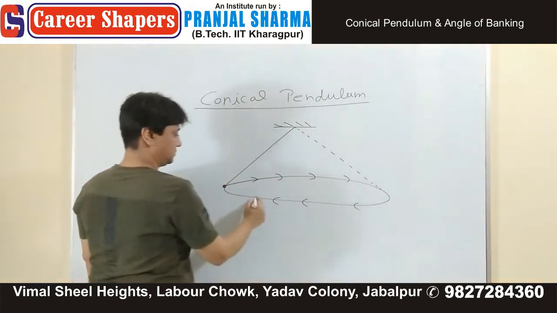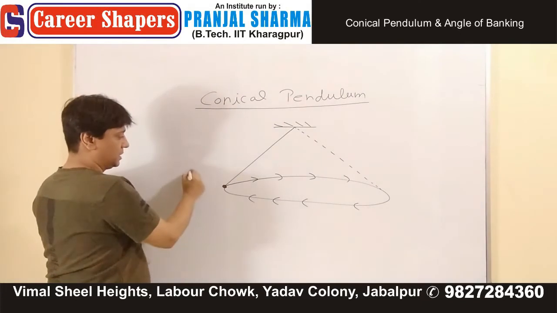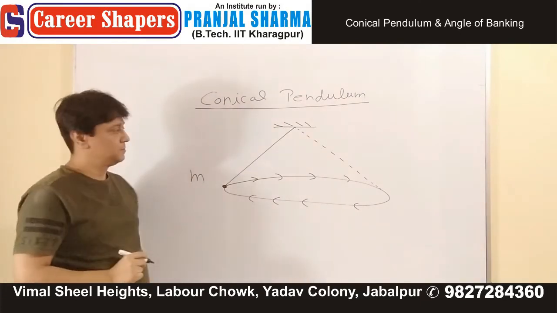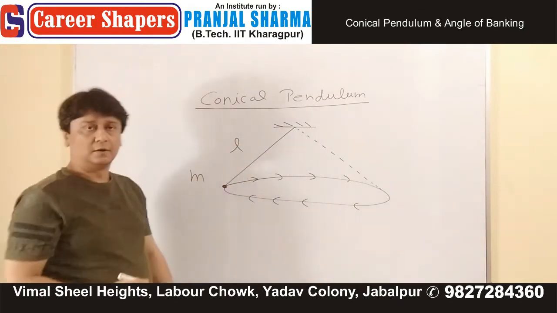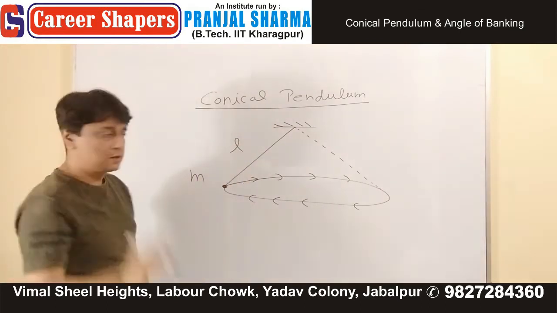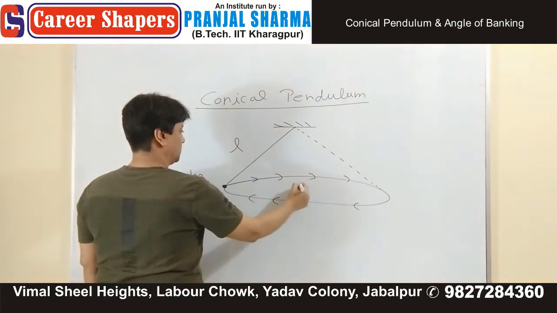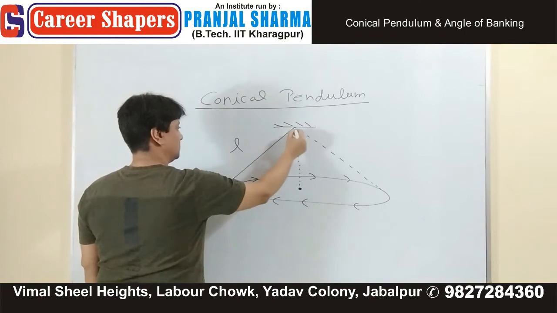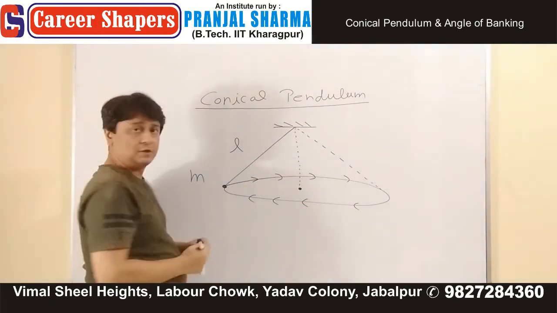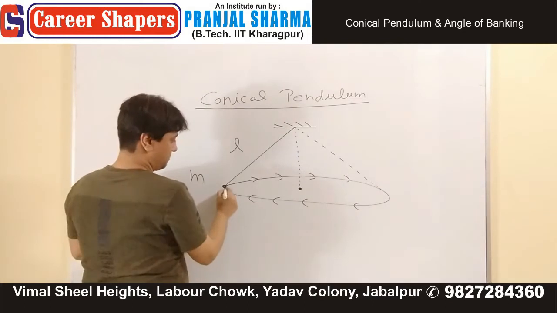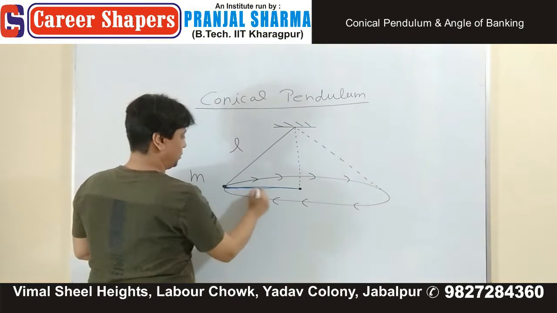That's your object, its mass is m, length of the rope is L, but radius of the circle is R, shown with the help of this blue line.